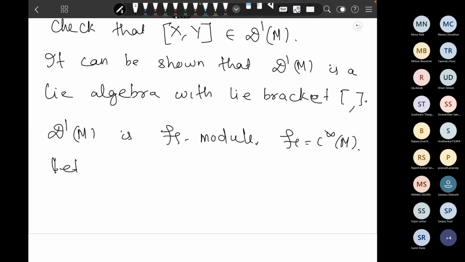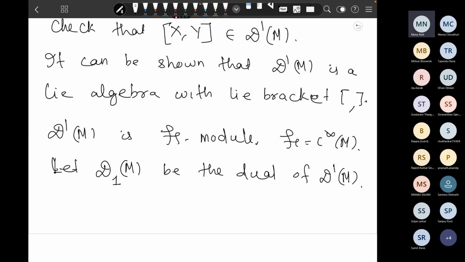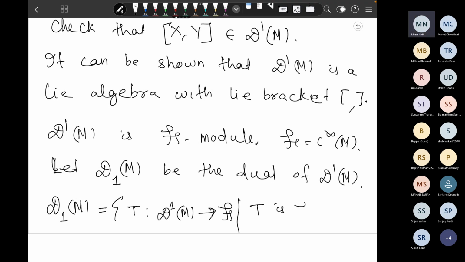So let D1 M star be the dual of D1 M. Precisely, this is the set of all linear maps T from D1 M to F such that T is F linear. This is not R linear, because I am considering the dual of the F module.